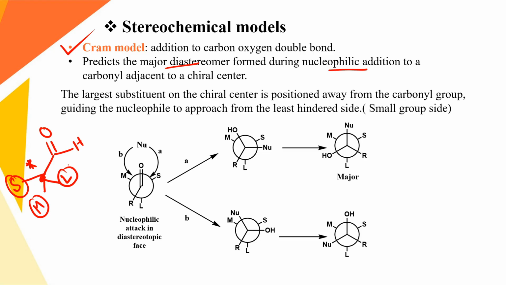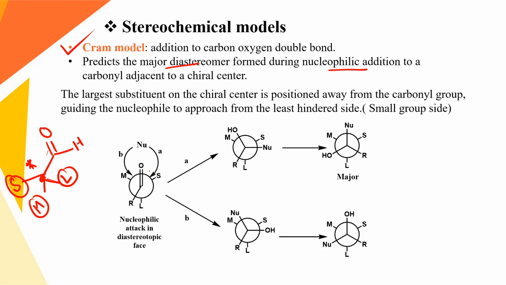The position of the L group is very important to determine the stereochemistry, because in this model, when your compound is like this, the large group is positioned away from the carbonyl group. That means the angle between the large group and the carbonyl oxygen is 180 degrees.